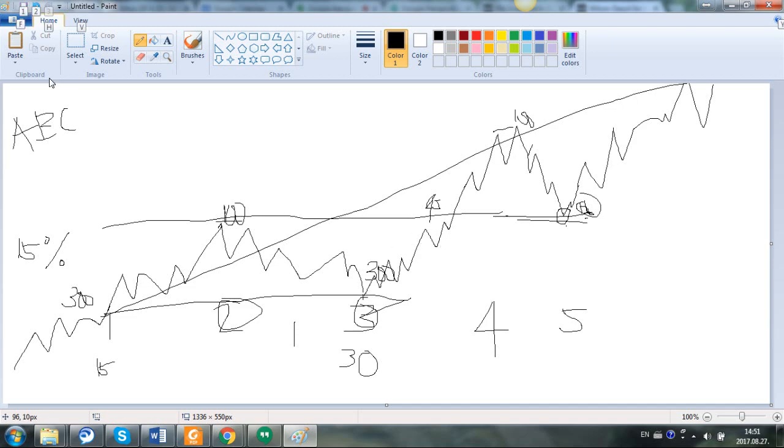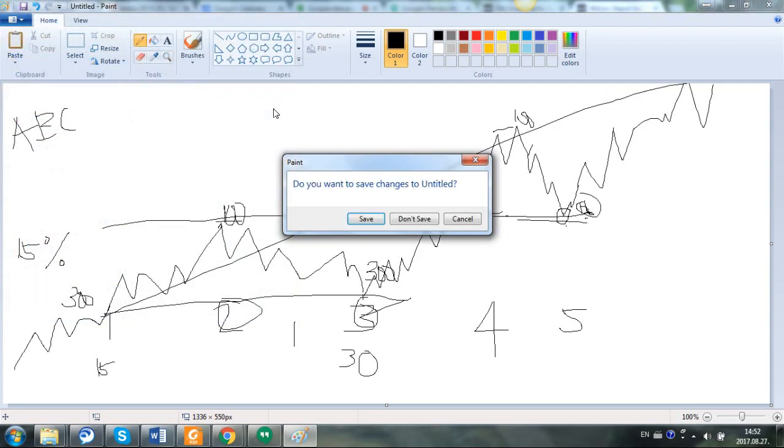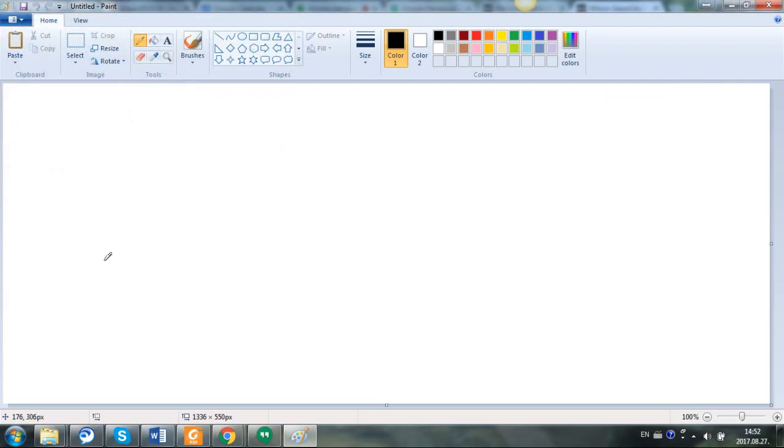Iba naman yung strategy pag pang long term ka talaga. Kasi, kung mayroon kang fund na let's say 500,000 agad, mayroon kang ganyan. 500K. Kasi in that case, pwede yung gagawin mo is i-subdivide mo yung fund mo by percentage.